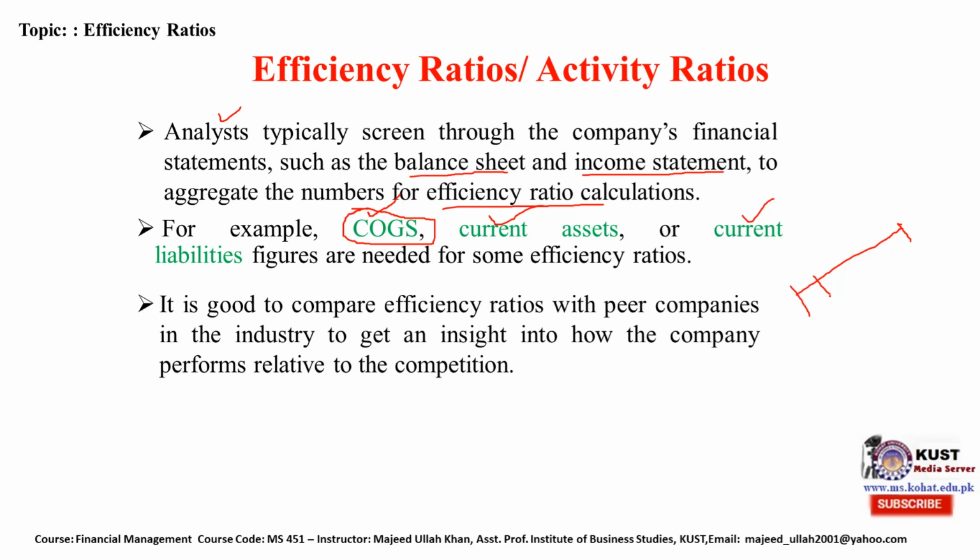For example, we calculate some ratios and compare them for 1, 2, 3, 4, and 5 periods. We will get a trend, and we will see how much fluctuation is occurring in our efficiency ratios.